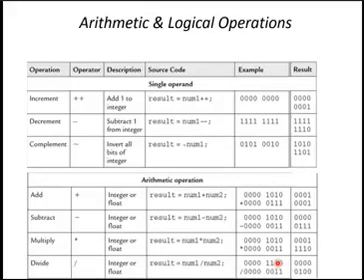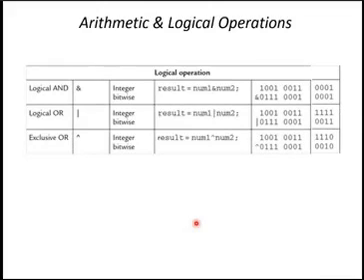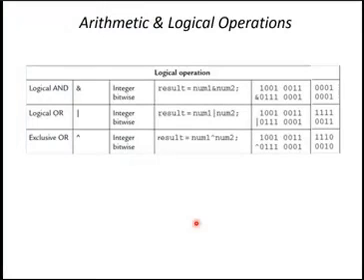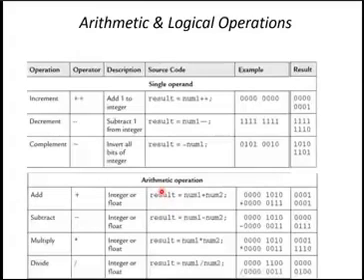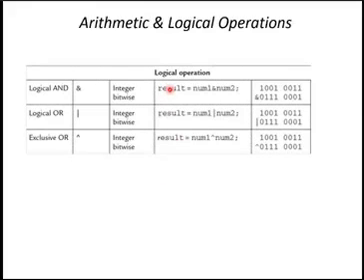Since the value here is 0, borrow from here, this one borrows from here, this one borrows here. Since it borrowed from here, the 1 becomes 0. This one is already 0, so the rest will be 0, 0, 0. So this is the final value.